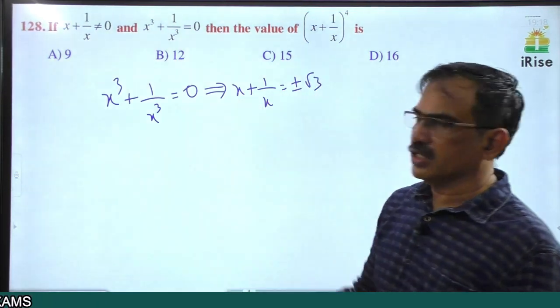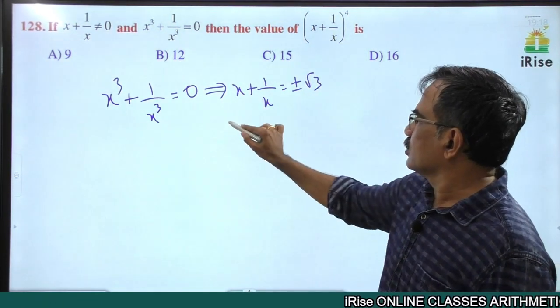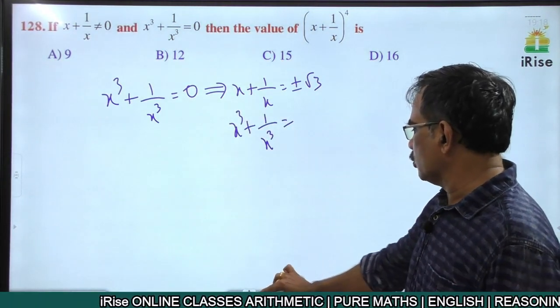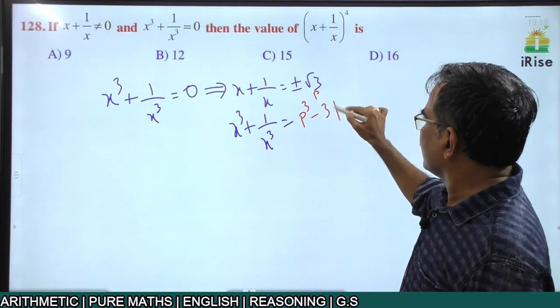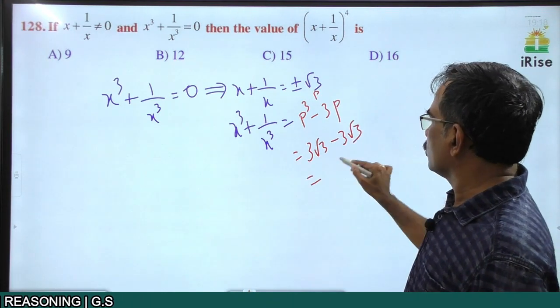The condition already given: if x plus 1 by x is plus or minus root 3, then x cube plus 1 by x cube is equal to p cube minus 3p, formula. If this is p cube minus 3p, p cube is 3 root 3 minus 3 root 3, which is equal to 0.